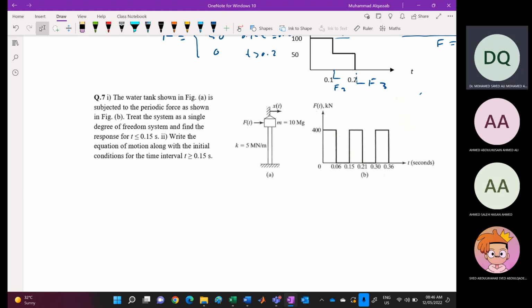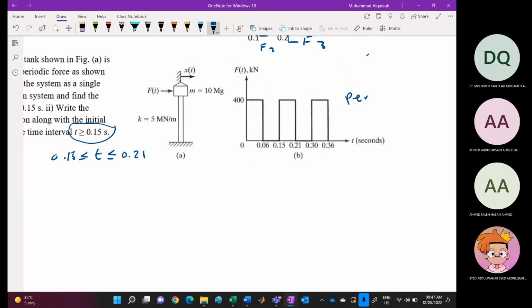Then write the equation of motion along with the initial conditions for the interval t greater than 0.15 and less than or equal to 0.21. Okay, this is called a periodic function, but non-harmonic.